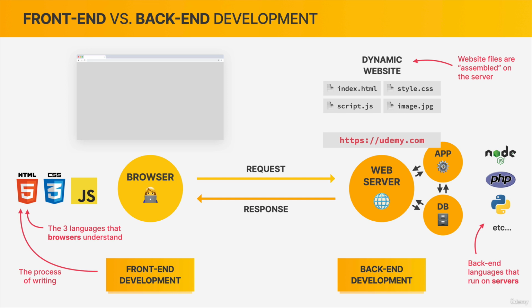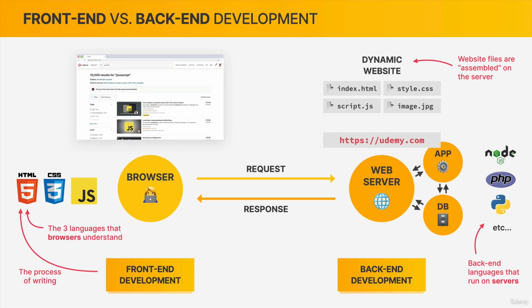All right, but now the rest of the process is actually the same as before. So these files are now ready to be sent to the browser as a response, which will then be converted to the final website like this one we see here of udemy.com. Great. Now, of course, there is no need for you to memorize all these names that I mentioned here, and also no need to deeply understand this process.